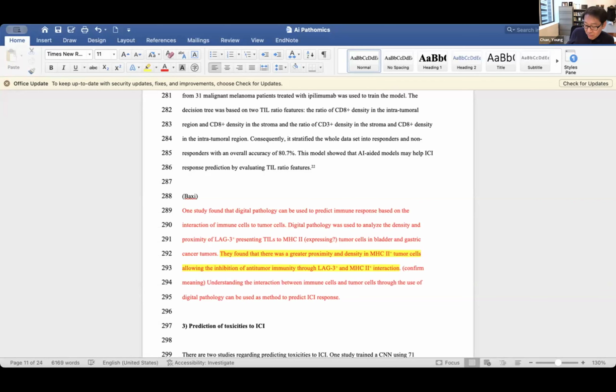This is talking about response to immune checkpoint inhibitors. So in bladder cancer patients, gastric cancer patients, did they receive ICI? And what does inhibition of anti-tumor immunity mean? Does it mean increase in survival, increase in progression-free survival, increase in overall response rate?